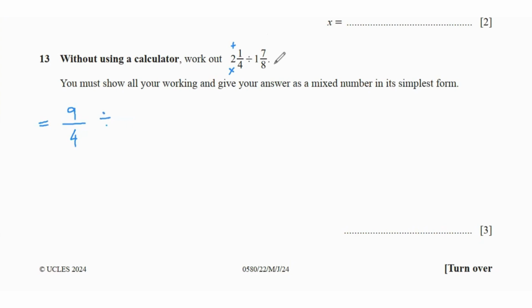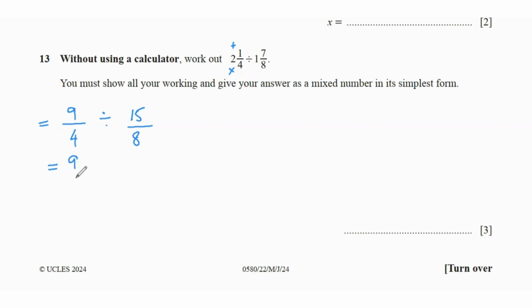So once again, multiply the denominator by the whole number, which is going to be 8 times 1. And then add the result to the numerator. So that's 8 plus 7, which is 15. So 15 over 8. Next thing we need to remember is that when you're dividing fractions, you take the reciprocal of the second fraction and convert the division into multiplication.